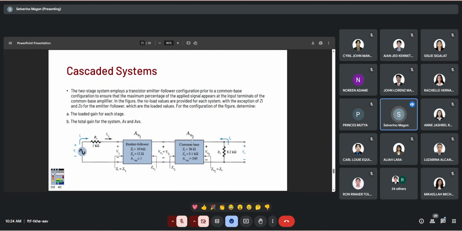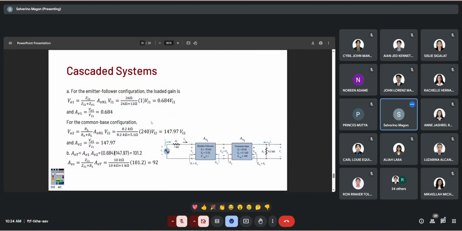So for the last calculation, for the emitter follower configuration here, VO1 for the first stage is equal to ZI over ZI plus ZO, times the no load voltage gain.